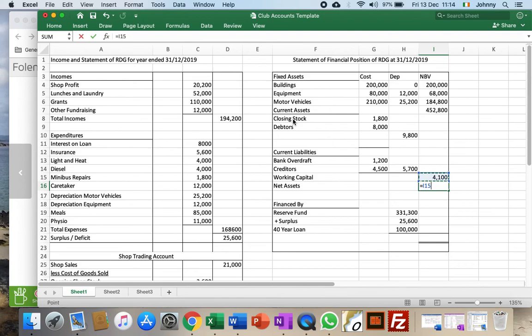So the net assets is going to be all of the fixed assets plus the working capital. I then move down to financed by, and I add up my reserve fund plus my surplus plus my 40-year loan. And if we've got the question done right, we should end up with the same number in both. So that's how we do the question on page 204, and you'll use that to do the next two questions.